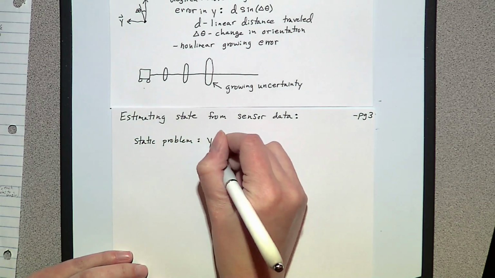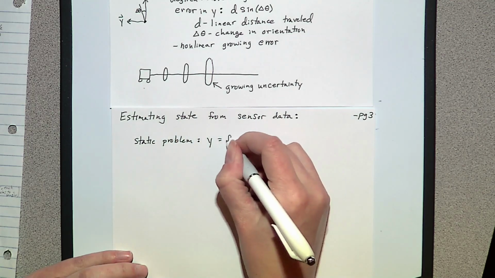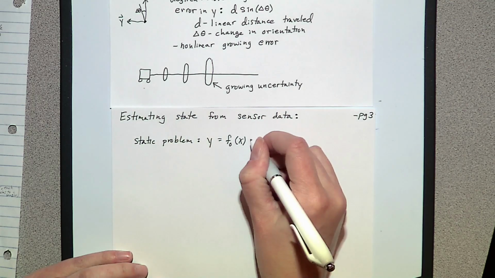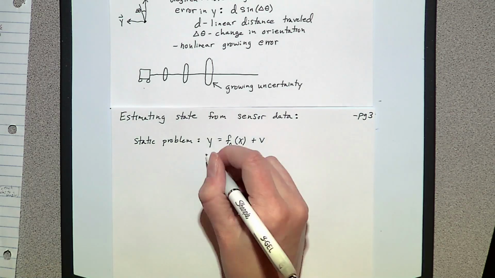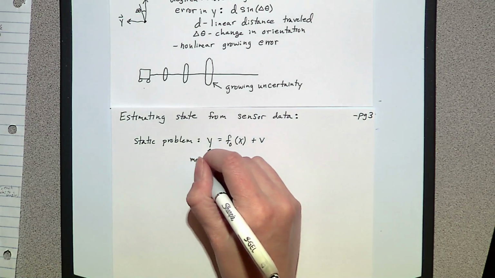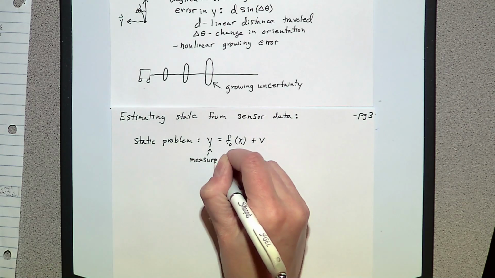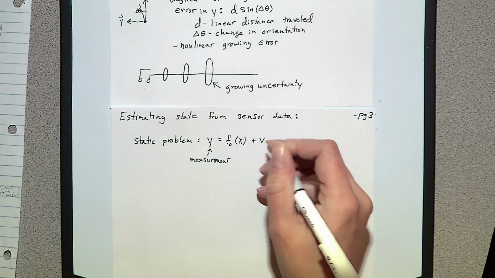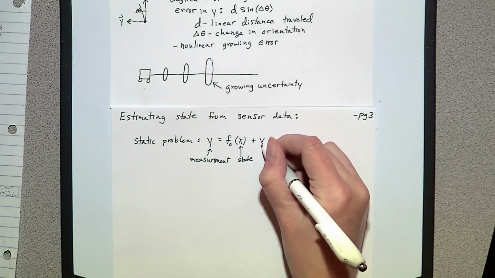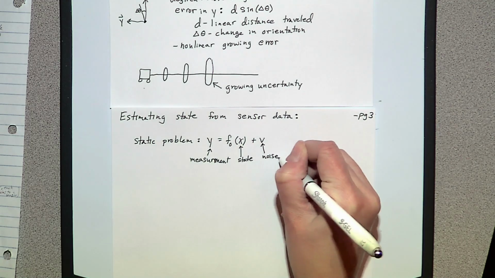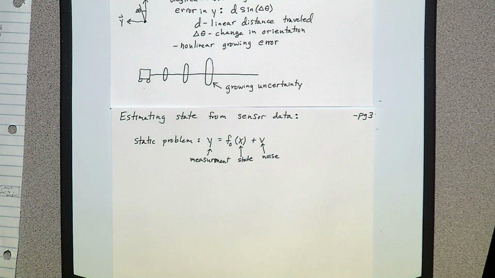So we have y, some function of the state with some noise. So this is our measurement, some function of the state, and then we have some noise in our measurement.